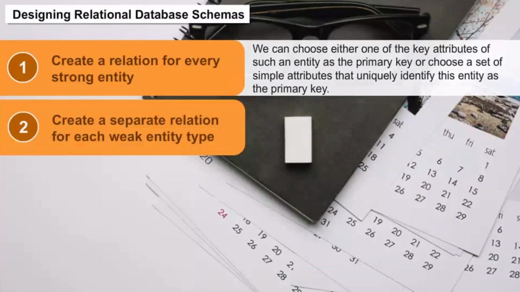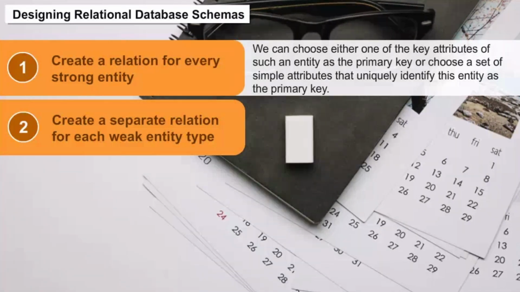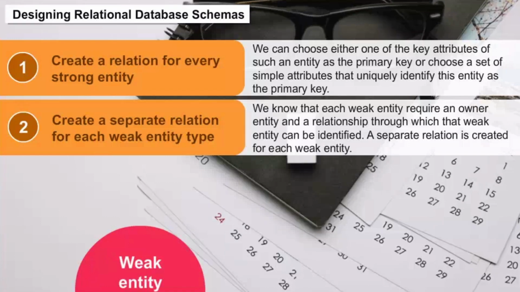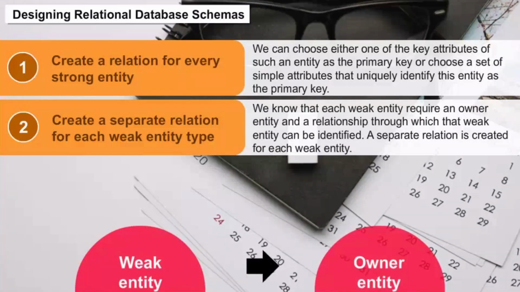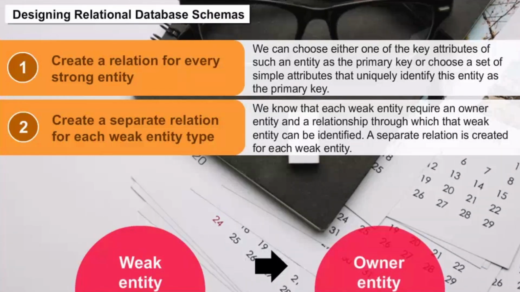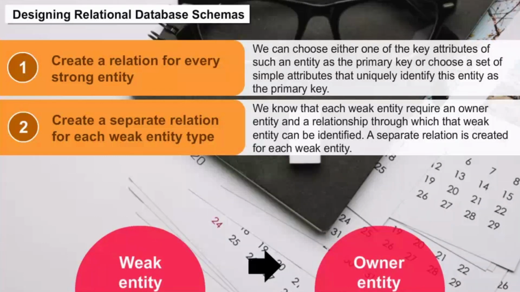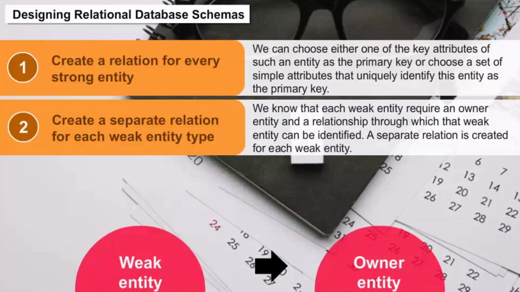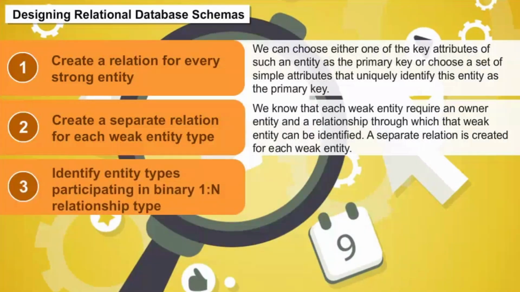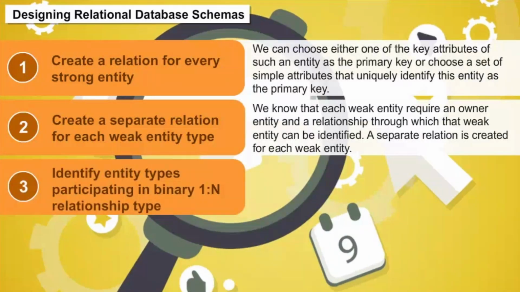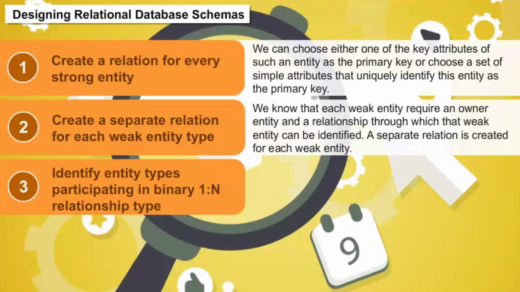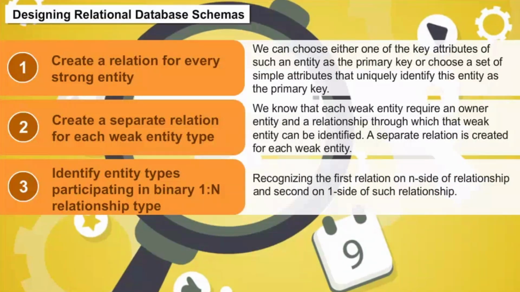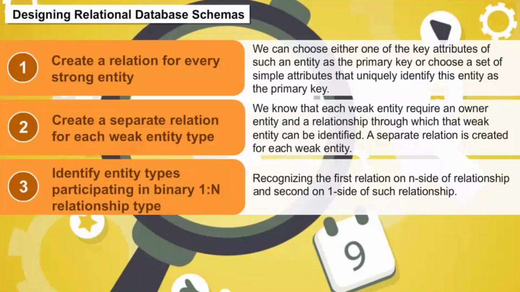2. Create a separate relation for each weak entity type. We know that each weak entity requires an owner entity and a relationship through which that weak entity can be identified. A separate relation is created for each weak entity. 3. Identify entity types participating in a binary 1:n relationship type, recognizing the first relation on the n side of the relationship and the second on the one side.